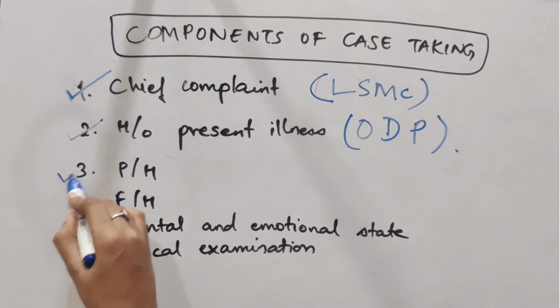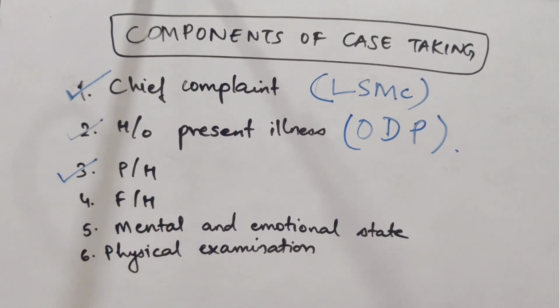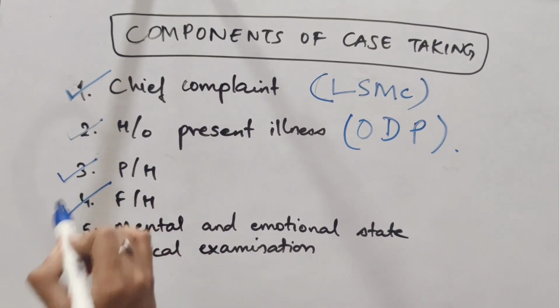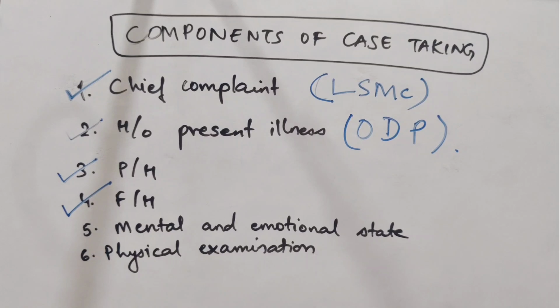Third is any past medical history. Any previous illnesses, surgeries and medical treatments will give the patient's health background. Fourth is the family history. Any history of any diseases in the family that might affect the patient's current health condition is very important.